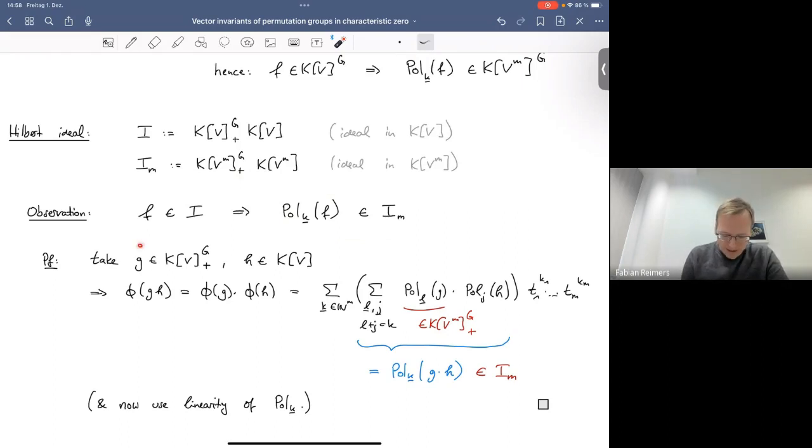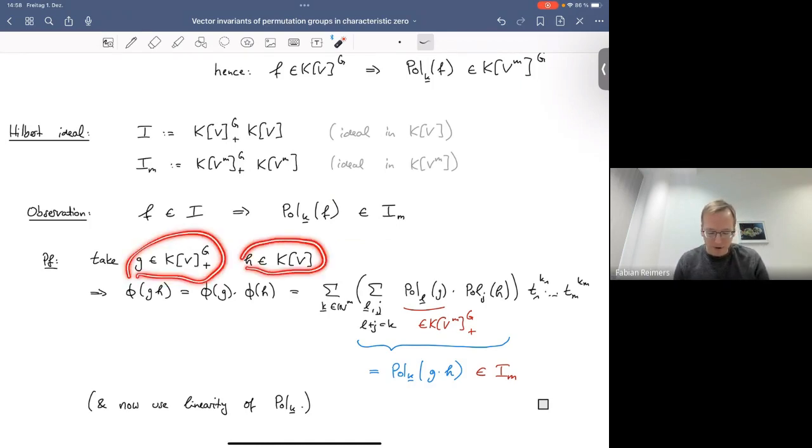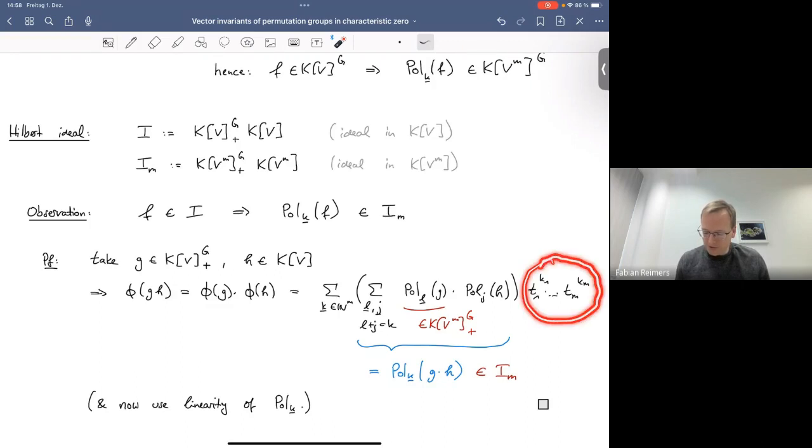If we take a homogeneous invariant g of positive degree, multiply it by any polynomial h, and plug it into our map phi, our K-algebra homomorphism, then we want to collect the coefficient for a multi-index K, and this coefficient will be a sum of products of the corresponding coefficients for g and h.